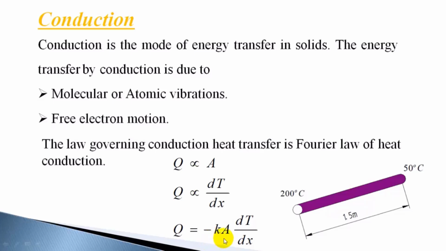When the area and temperature gradient are both unity, thermal conductivity is equal to the rate of heat transfer. That means for 1 meter length with only a 1 degree centigrade drop and unit cross-sectional area, whatever heat flow the material permits gives the value of thermal conductivity.